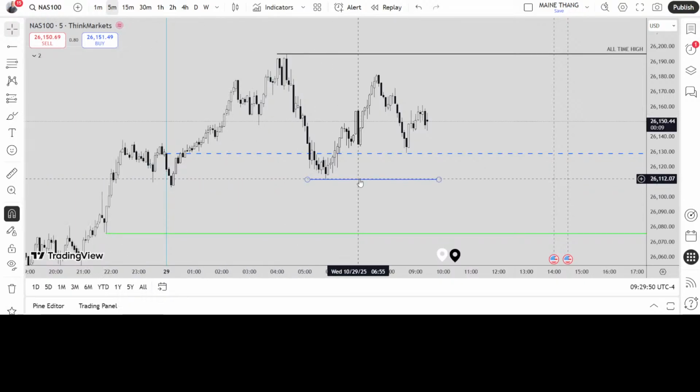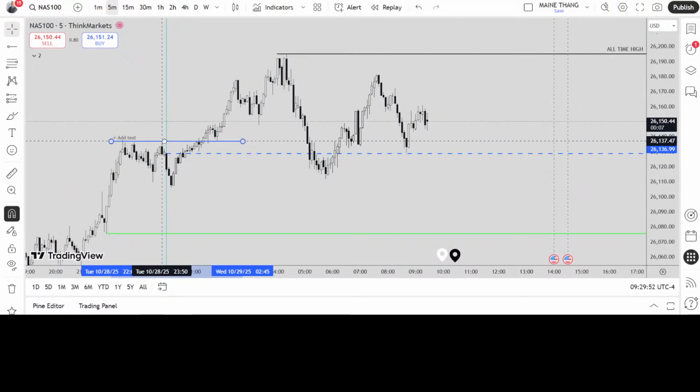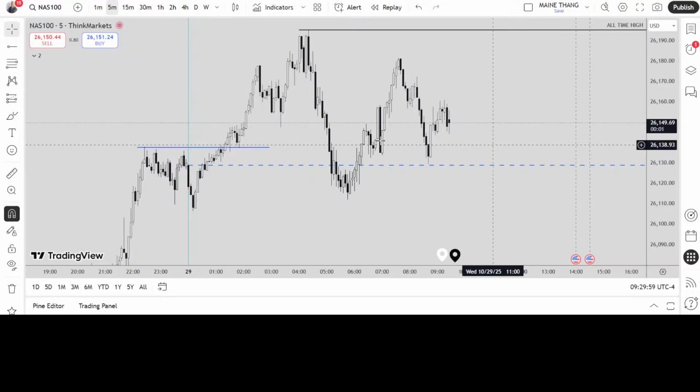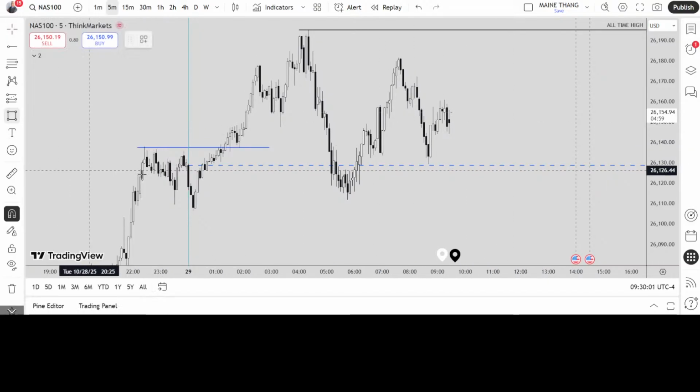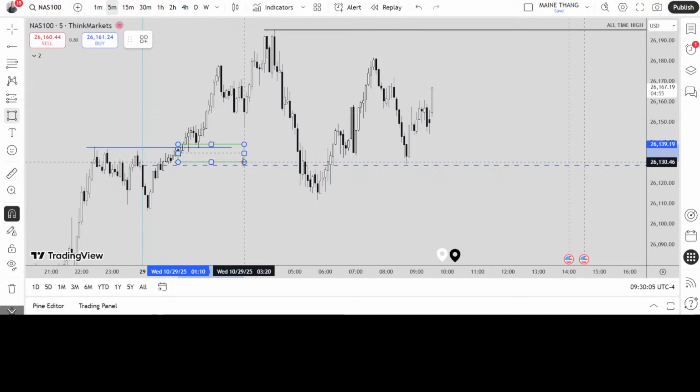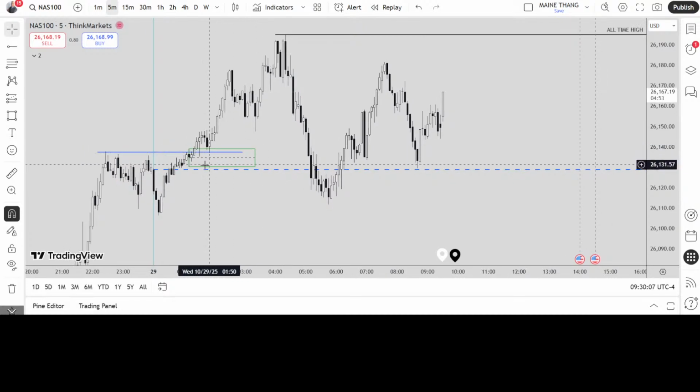Actually, market broke structure here. Boom. It was a small zone right here. It was a zone nonetheless. First we trace back to the demand zone. So we got in on the candle break outside of the zone.